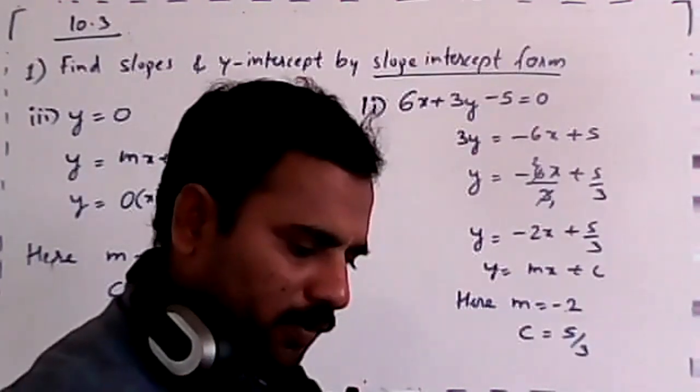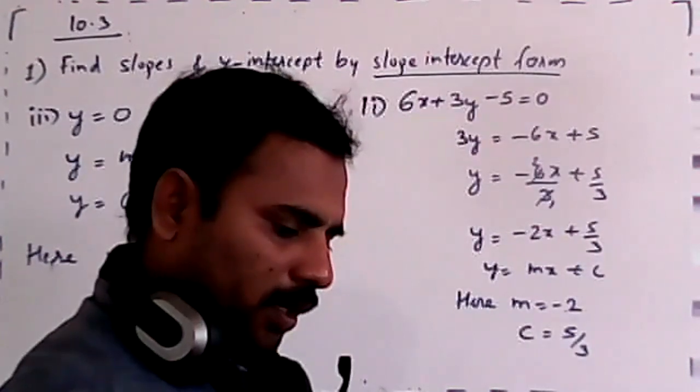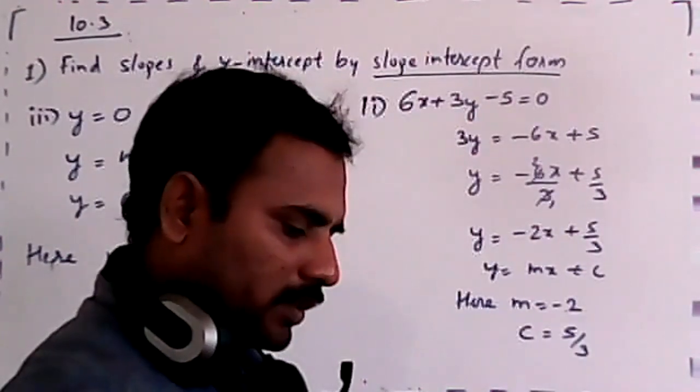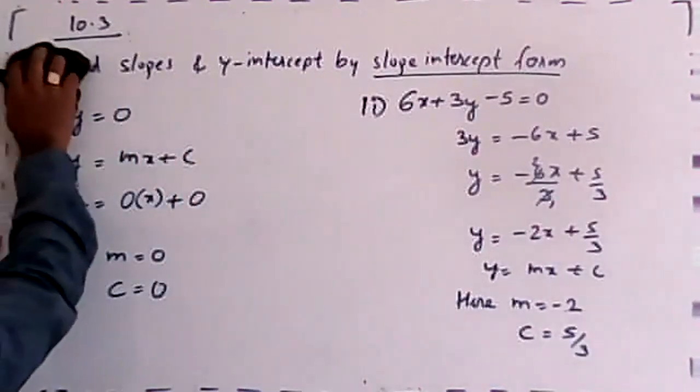We'll go to the second one. Reduce the following equations into intercept form and find their intercepts on the axes. Okay, let me erase this. We'll go to the second main question now.